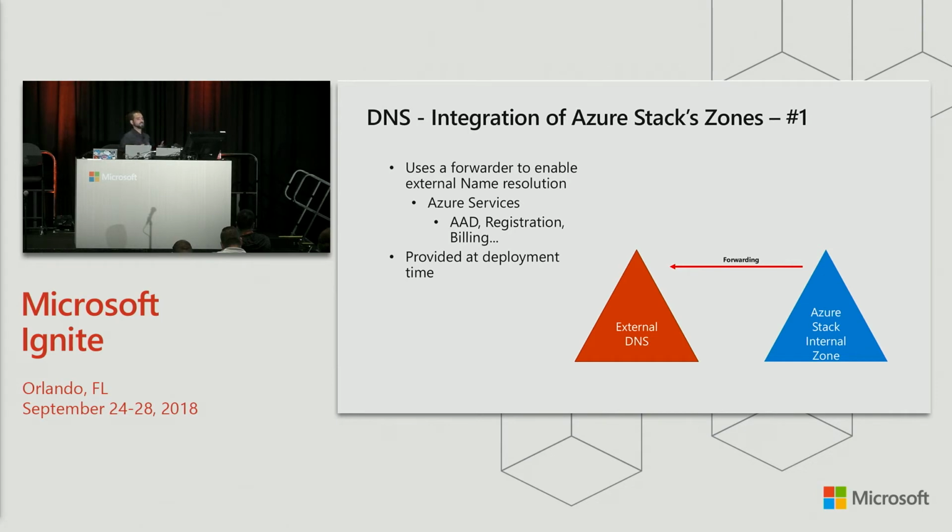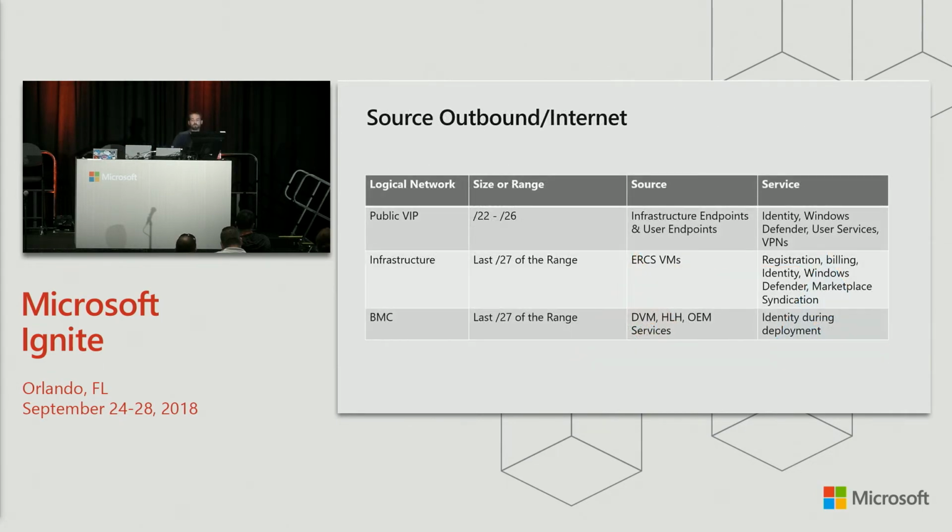As a networking engineer, your next question is, hang on, what are the network ranges that do reach out to the internet? Now, of course, we have the public IP range that requires outbound internet access because you have the user services running in there, but also some of the fabric services. And then we have the internal Azure Stack infrastructure network.